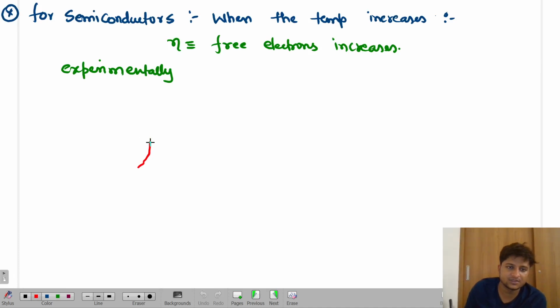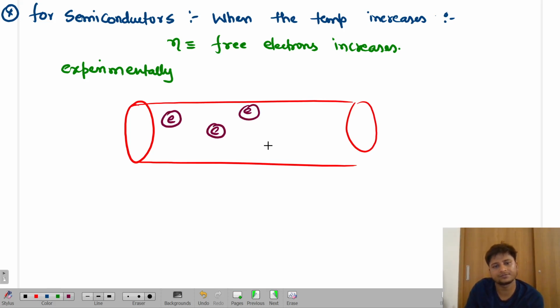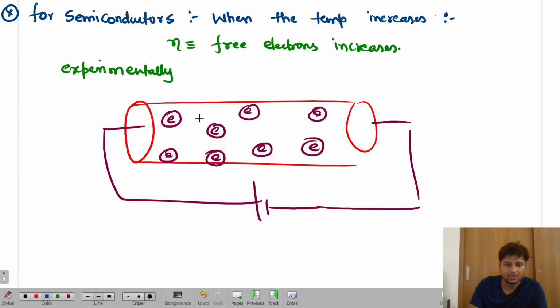See, if this is a conducting body, and here I have some electrons. Now, if I provide the potential, what happened? This electron started, but here was some atom. So this electron collided with the atom and it stopped over here, isn't it?